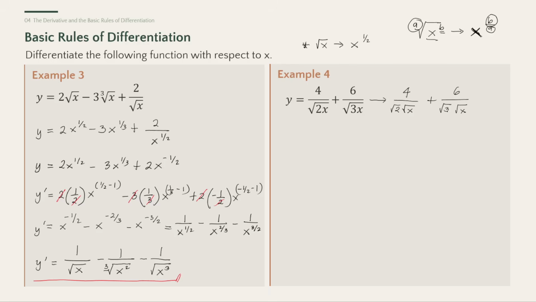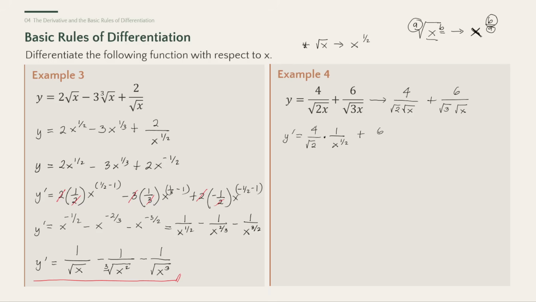Because the square root of 2 and square root of 3 are all constants, we can separate them. 4 is also a constant. Then square root of 2. And since x is on the denominator, we can move that to the numerator, but to show you the complete process, I'll first rewrite the radical as a fraction.